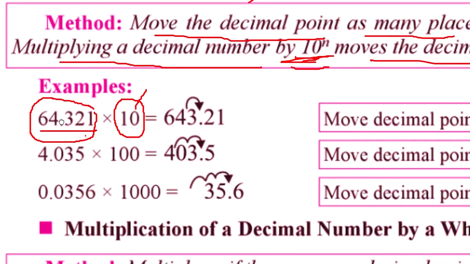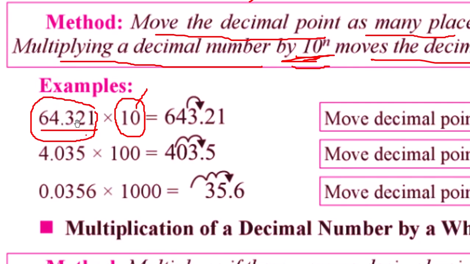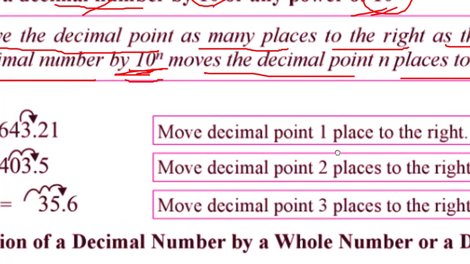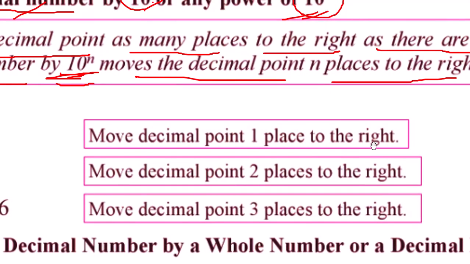We have to shift one place to the right. Means 64 point is there. This point will come after 3. Like this, one place to the right, it will become 643.21. So move decimal point one place to the right.